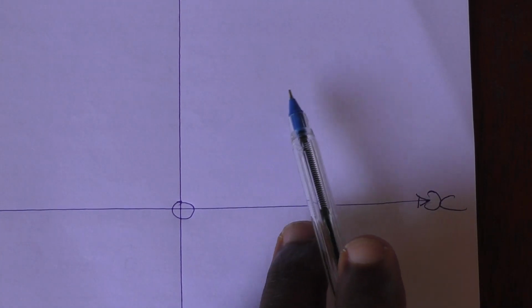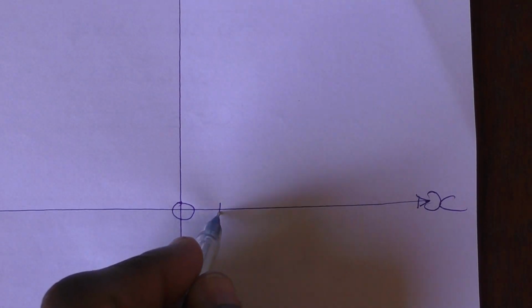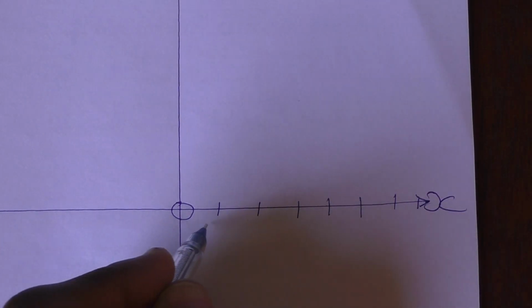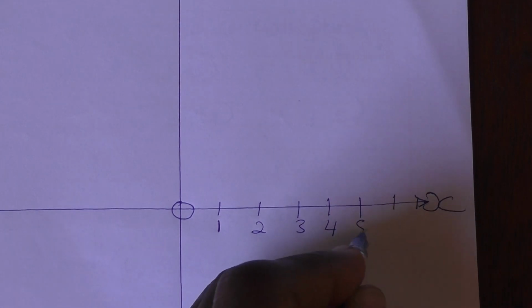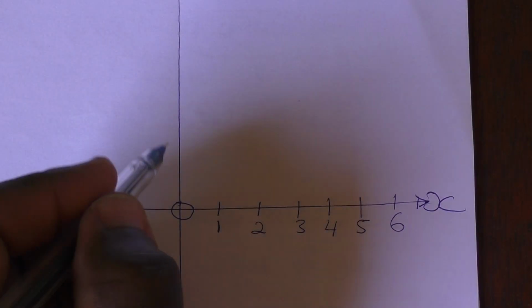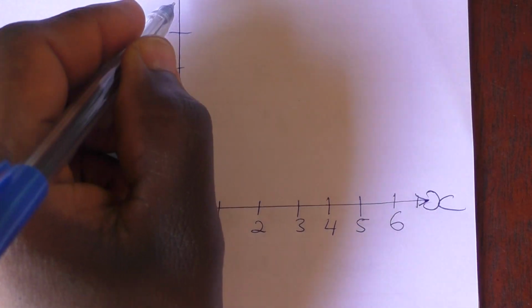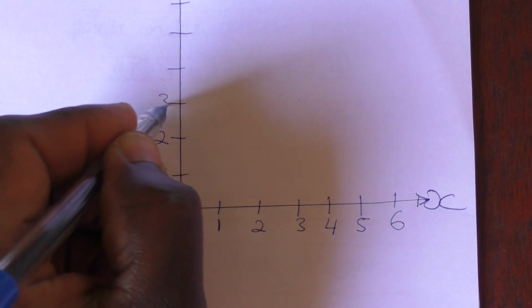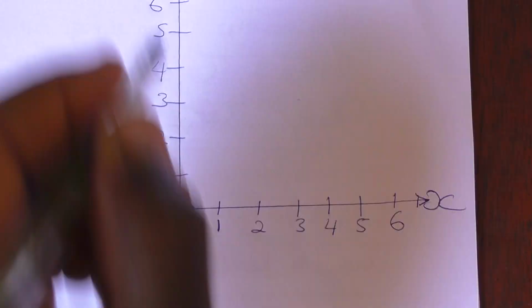Then in the first quadrant, we've seen that the x and y are positive. So this is 1, 2, 3, 4, 5, 6. This is 1, 2, 3, 4, 5, 6, 7.